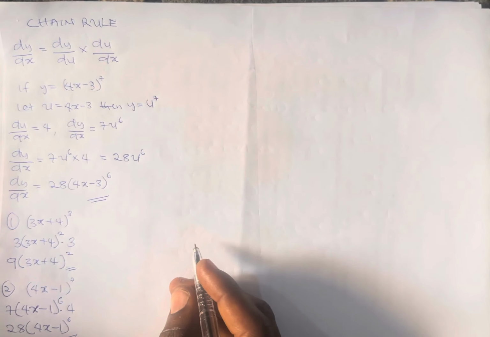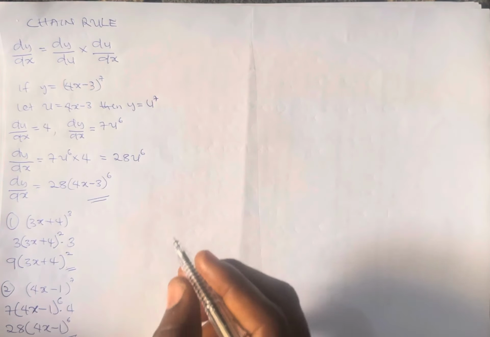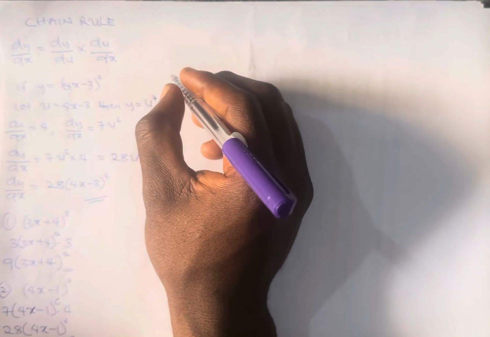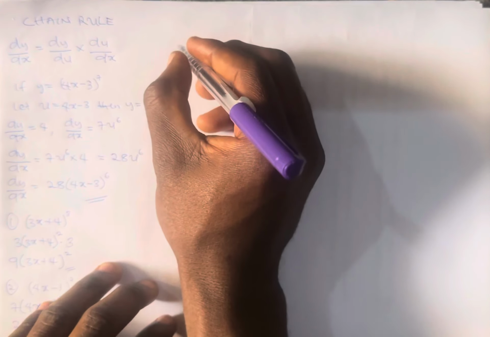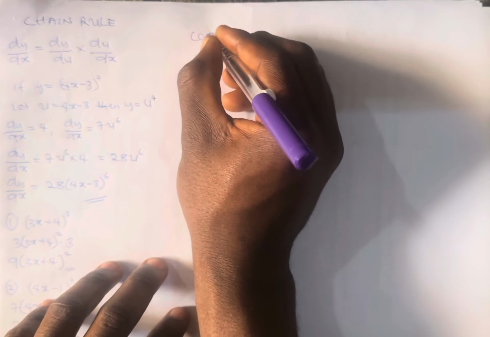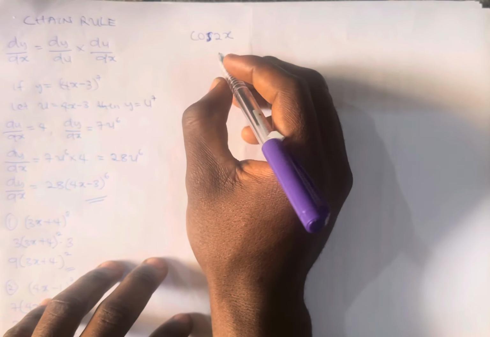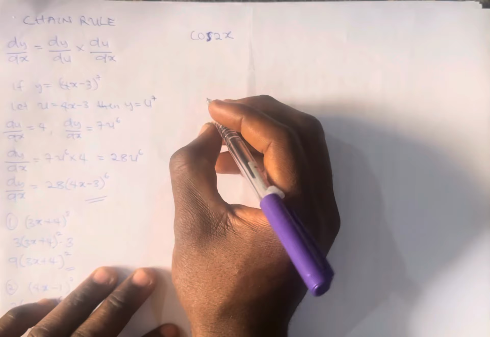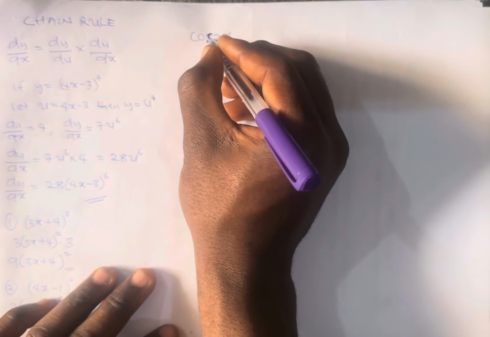Let's keep solving. Let's look for more difficult questions. Suppose you're given a trig function. You have cos 2x. This is also a function of a function. What is the derivative of cos?